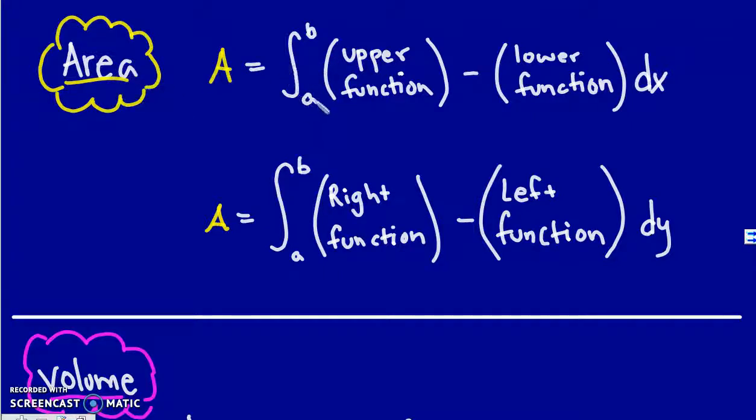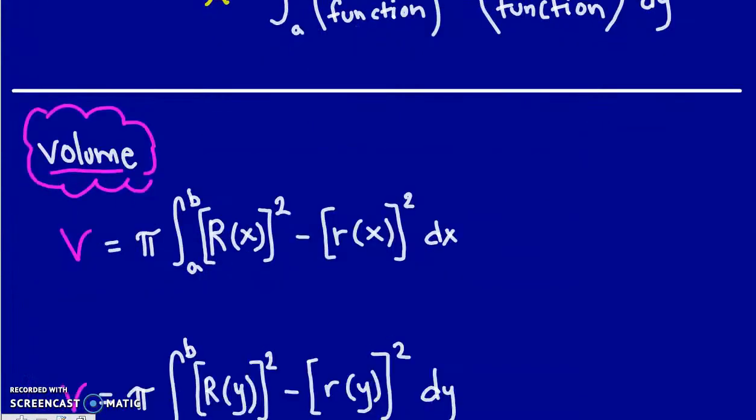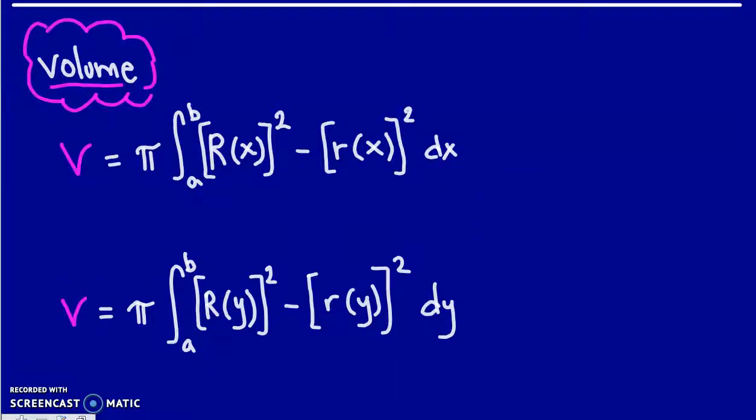Area was back when we did the integral of the upper function minus the lower function. So it's upper minus lower when we're integrating with respect to x, and the right function minus the left function when we are integrating with respect to y. Pi doesn't come into play until we talk about volume.